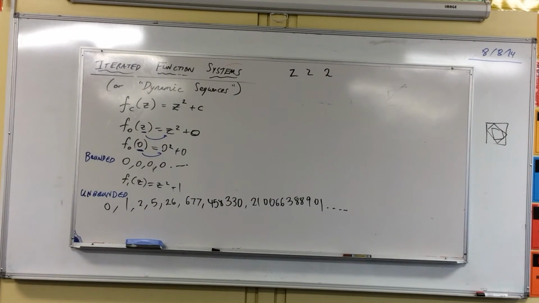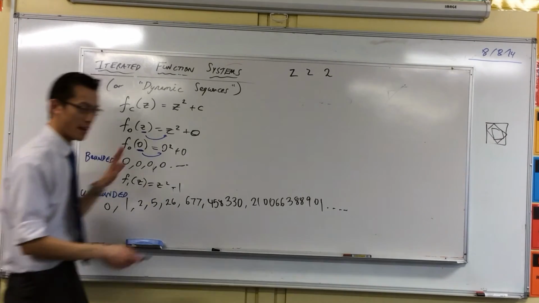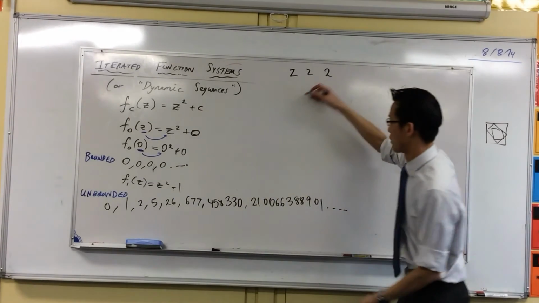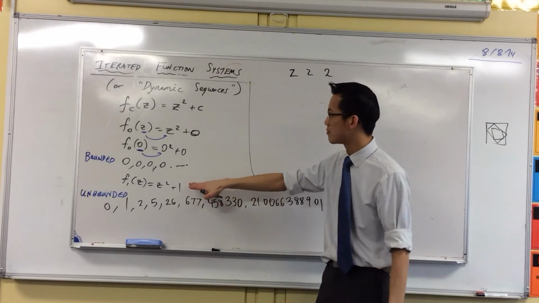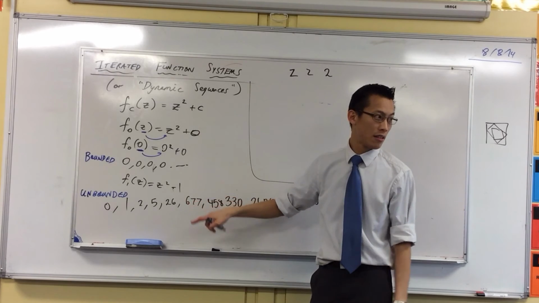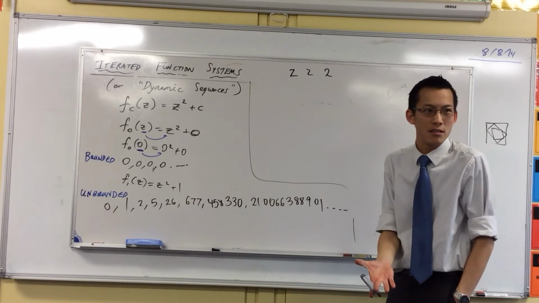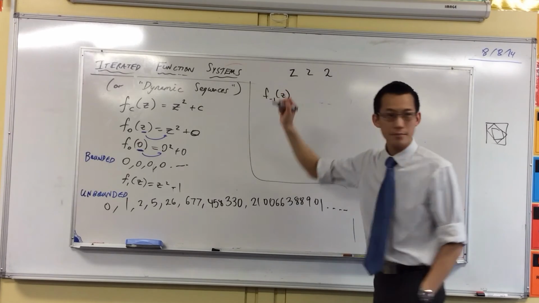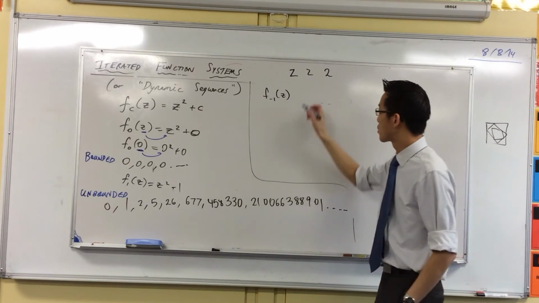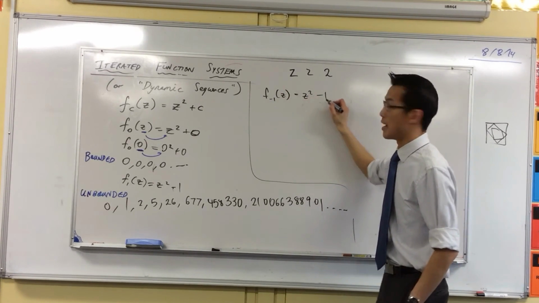Just because it got raised before, with this bounded example, maybe I should have given you another example of a bounded dynamic sequence. Look, I've got positive numbers in for C, but there's nothing to say you have to be positive. For instance, let's go -1. So this is z² - 1.